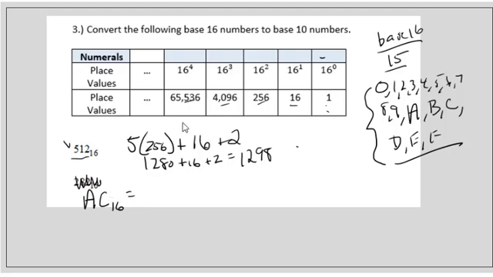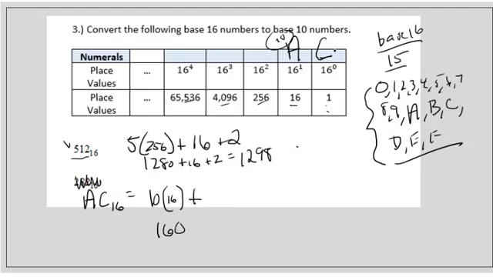So hopefully you tried to work this out, right? So my A goes in here, A, C. Now A is 10, so I have 10 16s, or 10 times 16, which is just 160, right?